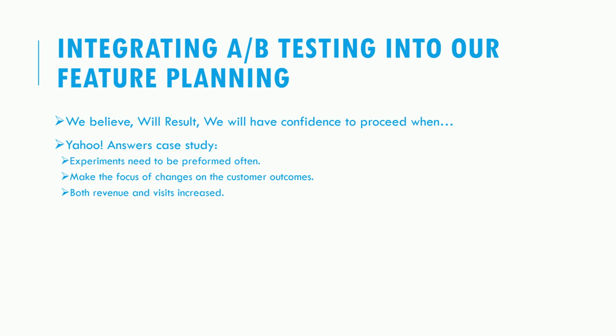So they were doing one build every 6 weeks, and then they ended up going to one or multiple builds every week, which did increase customer engagement. They realized they need to focus changes on customer outcomes and not just on the sake of making changes, because then you're just working on features that you don't know customers are going to actually use. By doing that, both revenue and visits increased to the Yahoo Answers site.